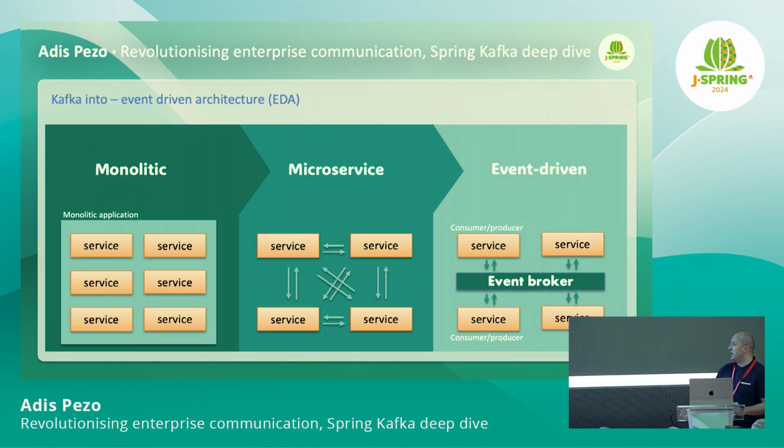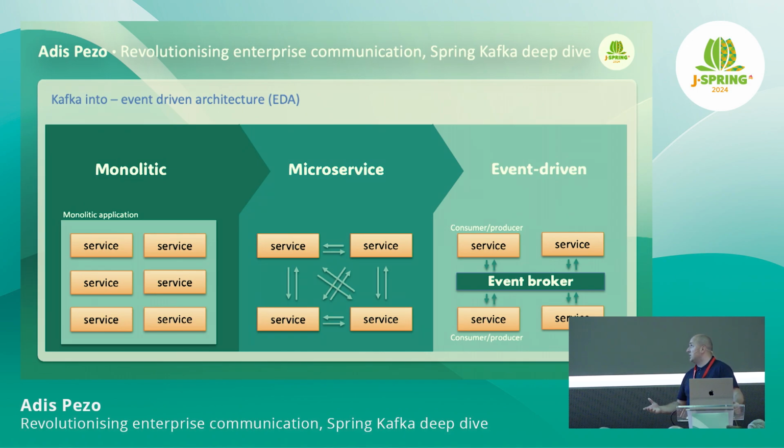Then we went to the microservices architecture where we loosely coupled everything, but still with API calls with SOAP. We called those microservices, and in the end, you get a spaghetti environment.